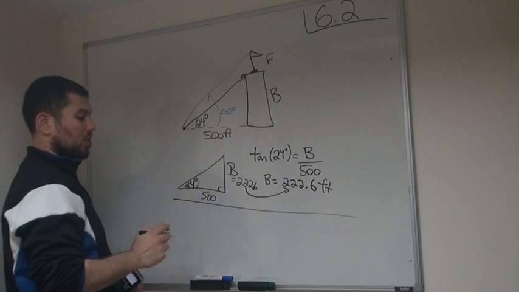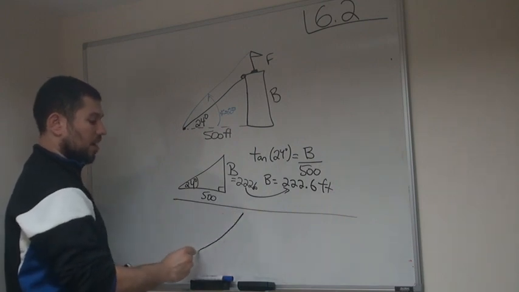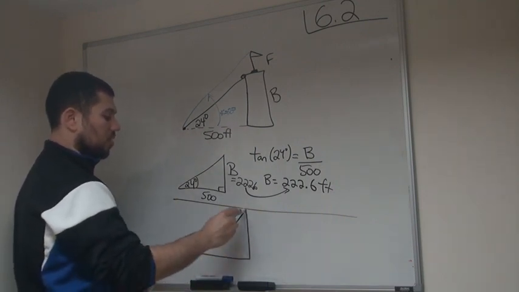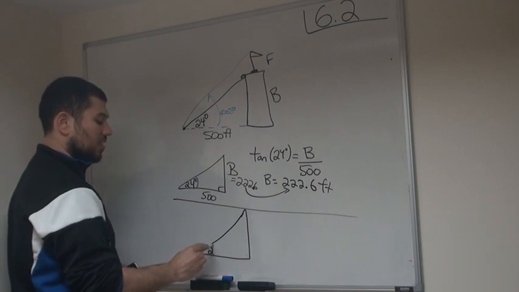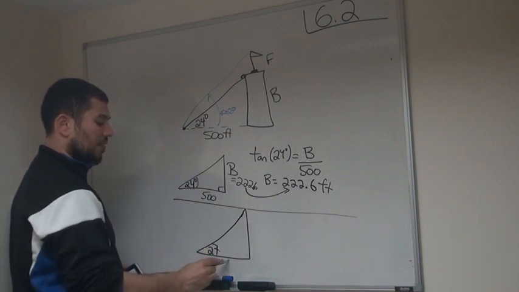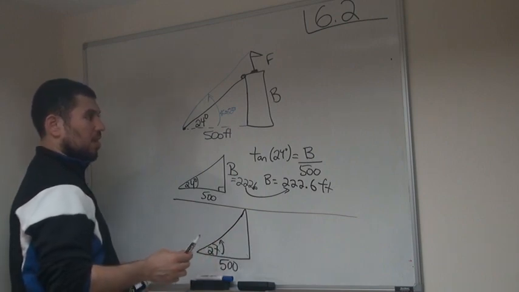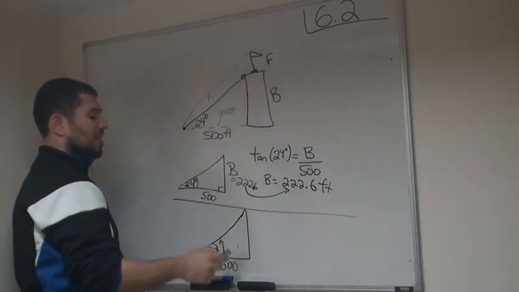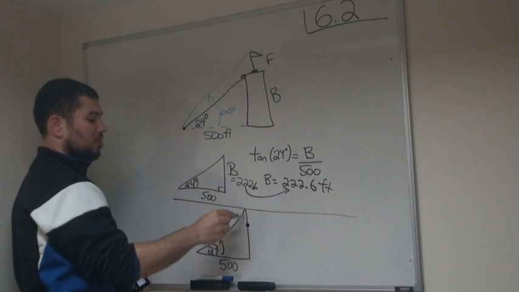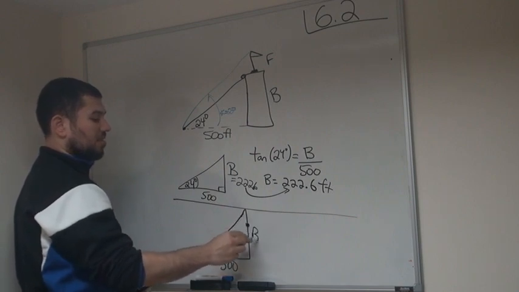Well, that's a little bit more challenging because the second triangle that I would draw has a 27 degree angle here, a 500 foot base, but the total length would not be the length of just the flagpole. It's the building plus the flagpole.